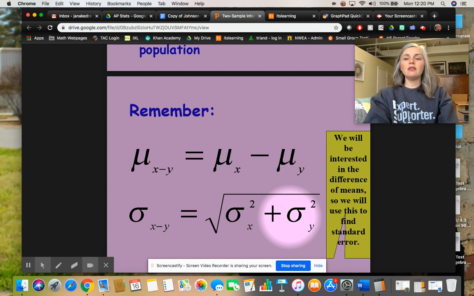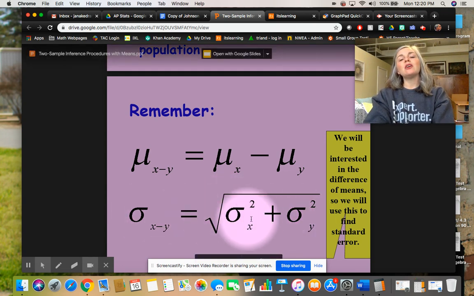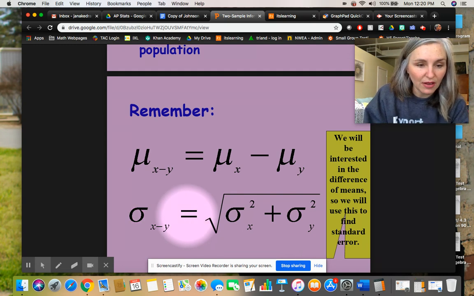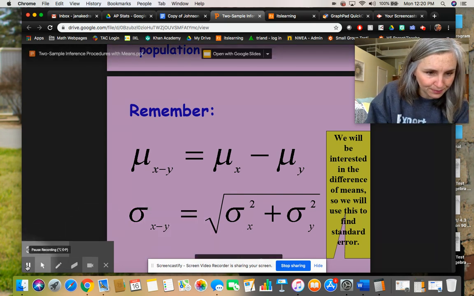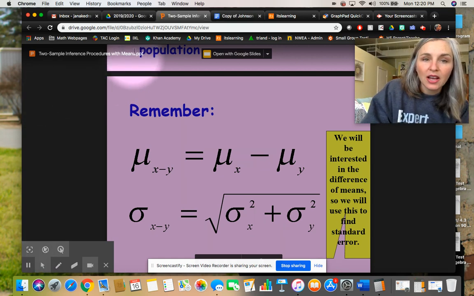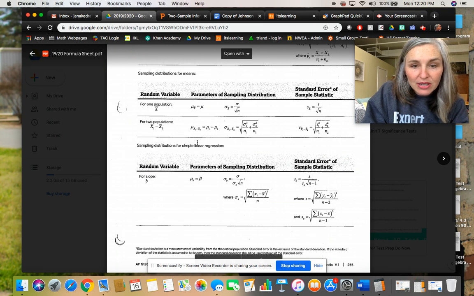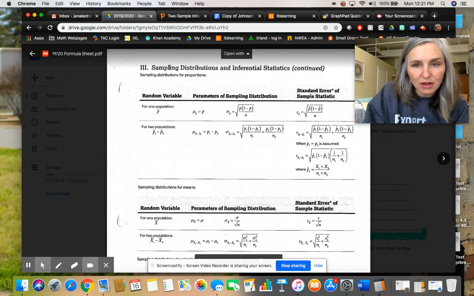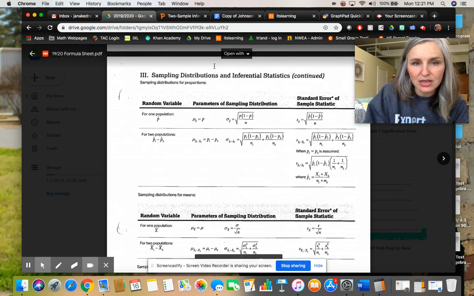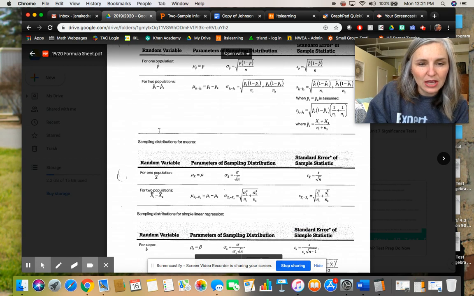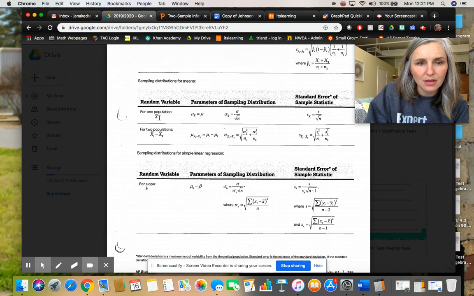Just keep in mind, when you're looking at your formula sheet, and maybe I should pull that up. If I could pause, I would. Oh wait, I paused and I found it. So I've got it right here. You can see, I hope, that this is in the sampling distributions and inferential statistics section, and I'm in means, so that would be x bar.